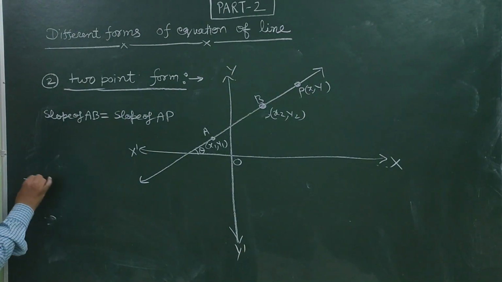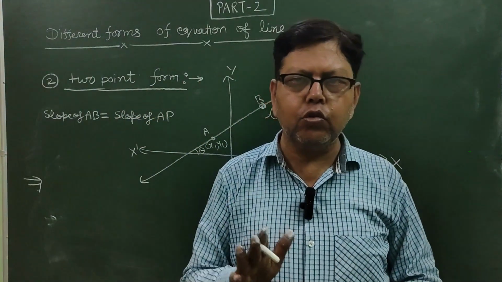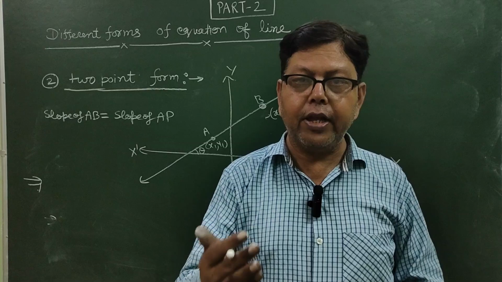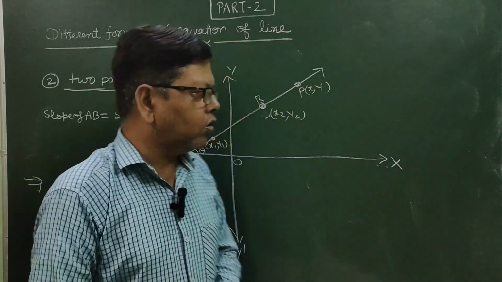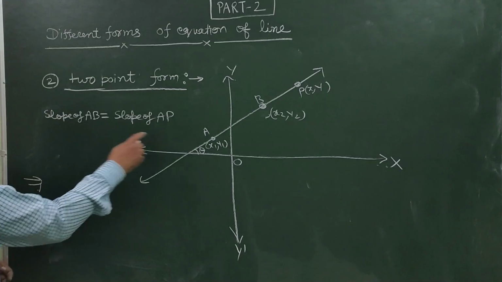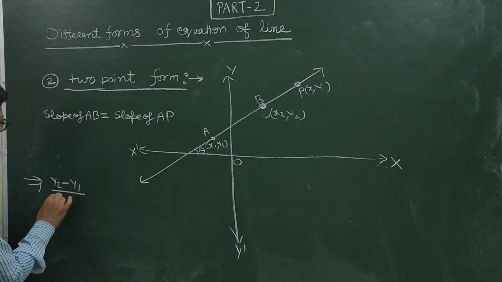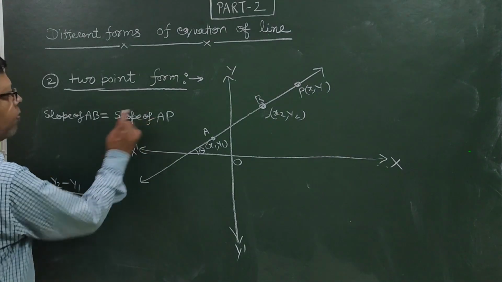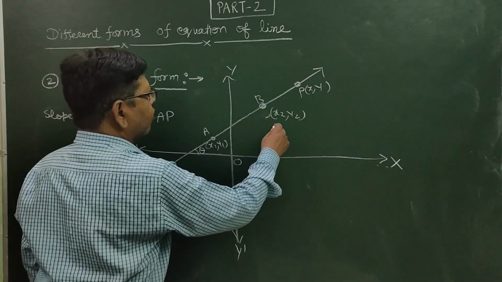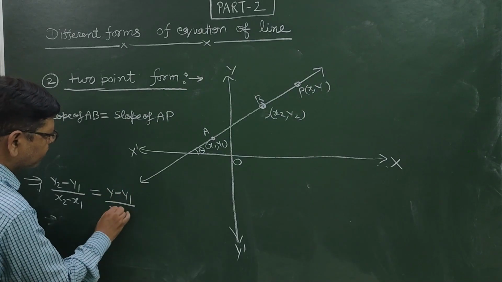Now you know how we define the slope. If a line passes through two points, then the slope is the difference of y coordinates divided by the difference of x coordinates. So for points A and B, the slope is y2 minus y1 upon x2 minus x1. This is equal to the slope of AP, the difference of y coordinates, that is y minus y1 upon x minus x1.